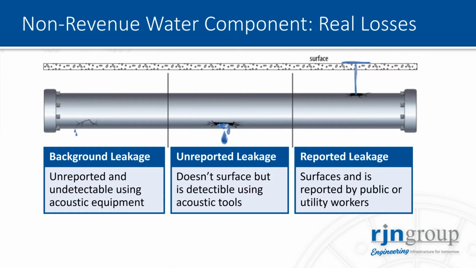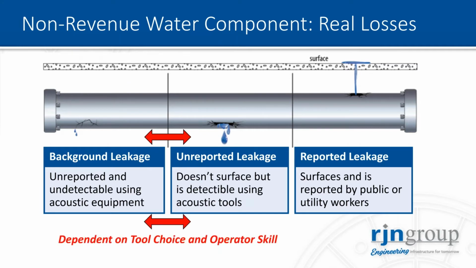That's probably one of the most notorious, depending on where you are and what your situation is. One of the key things to note is that the line between background leakage and unreported leakage moves depending on which tool you're using, as well as the skill of the operator, particularly if you're using acoustic tools.